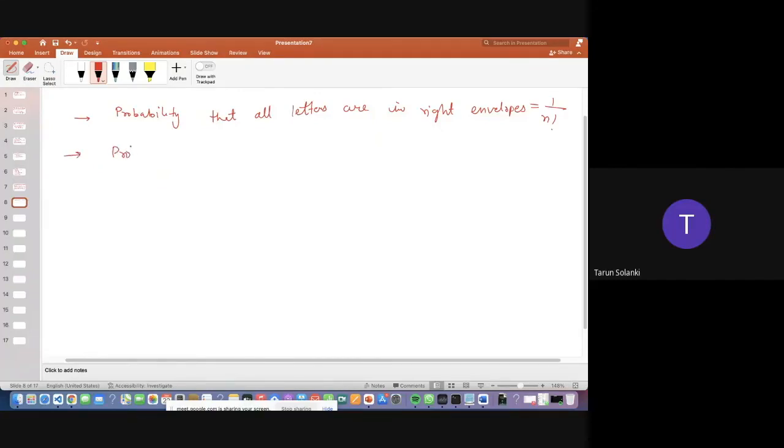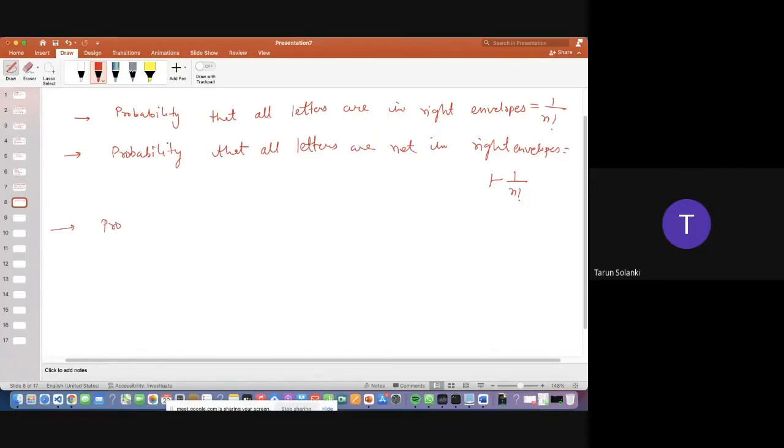Similarly, the probability that all letters are not in right envelopes is 1 minus 1 by n factorial.